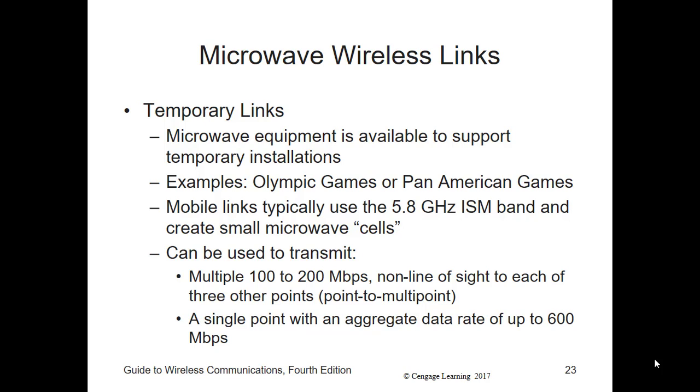For temporary links, we have microwave equipment currently available to support temporary installations. You would need these types of links, say, for sport venues, the Olympics, the Pan American Games. These mobile links typically use the 5.8 gigahertz ISM band, and they create small microwave cells that can be used to transmit multiple 100 to 200 meg non-line-of-sight links to each of 3 other points, so it becomes point-to-multipoint, or to a single point with an aggregate data rate of up to 600 meg per second.